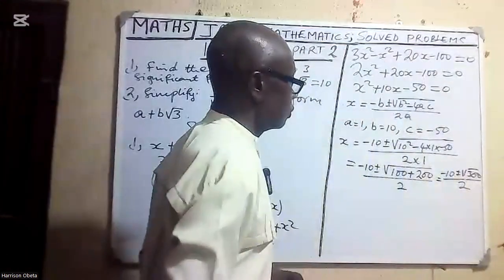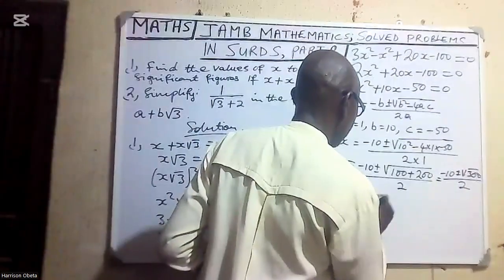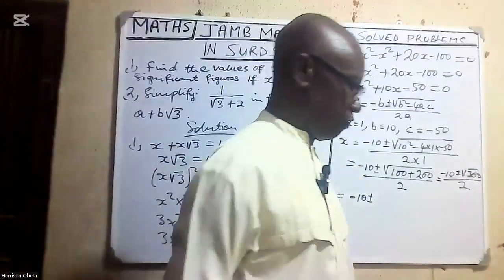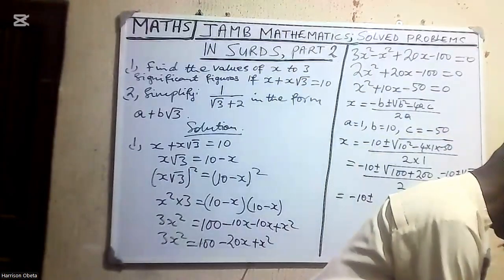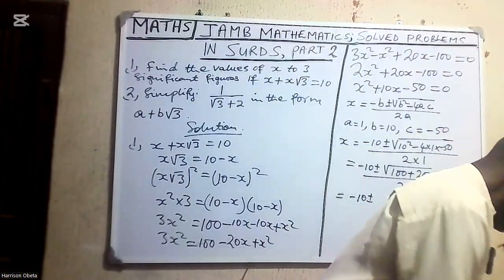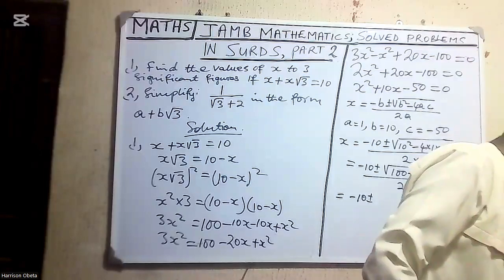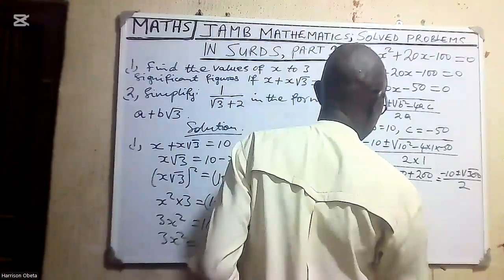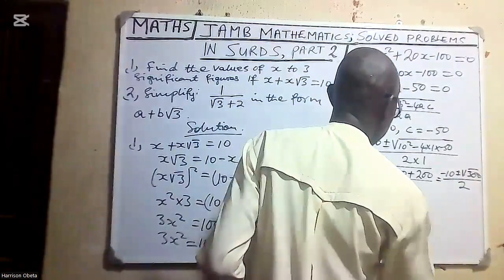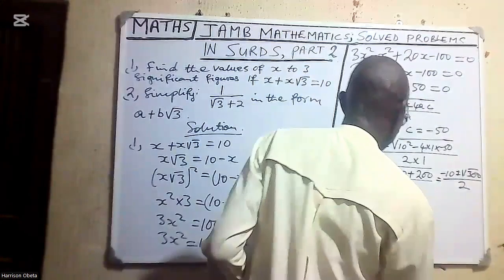So from there, we now have minus 10 plus or minus square root of 300. And square root of 300 gave us 17.3205. Everything should be over 2.